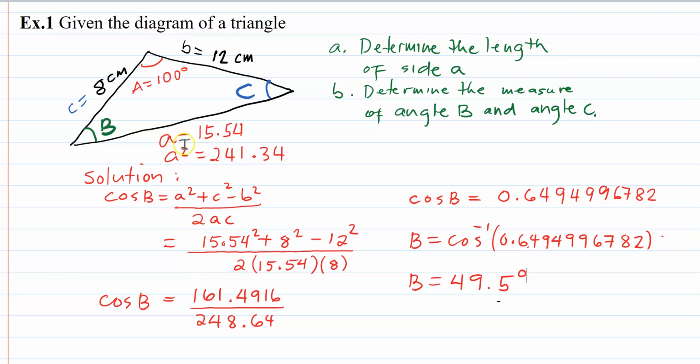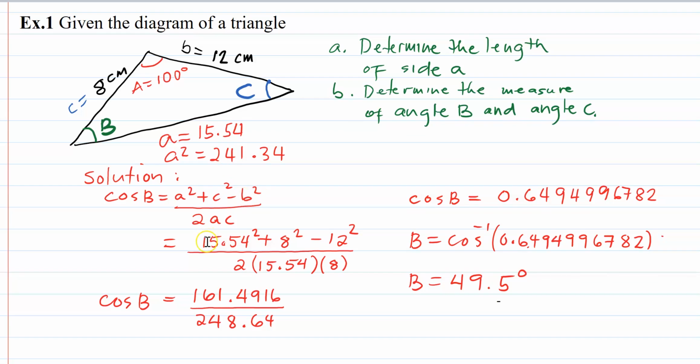Now let's consider question B. To determine the measure of angle B, we can set up the alternative form of the cosine law, and we have here cosine of B is equal to A squared plus C squared minus B squared divided by 2AC. Now remember that our A is 15.54, our C is 8, our B is 12.